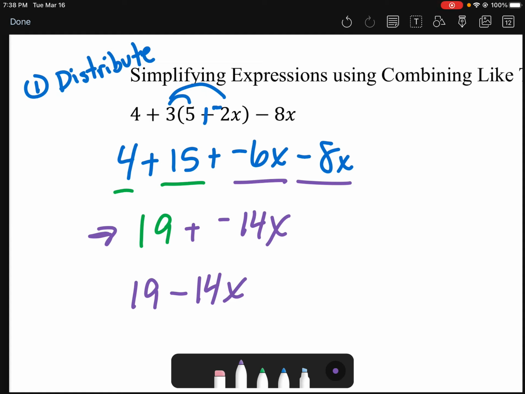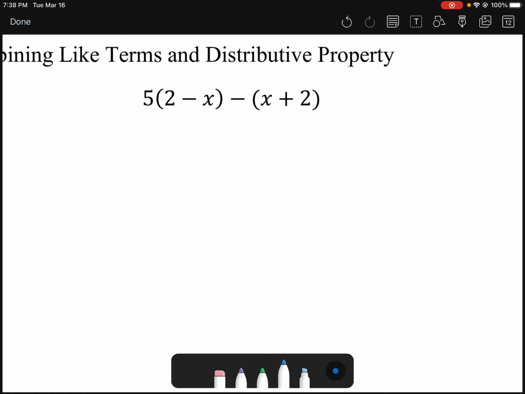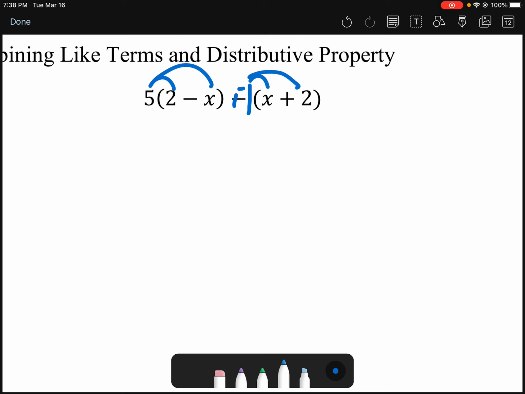This one over here, I have 2 sets of parentheses. However, my 5 is only going to the parentheses right next to it. For this one, I see that I have a minus sign here, but no number. When there is no number, you can imagine there's like a secret little 1 there. So we're actually going to distribute a negative 1 to everything inside.